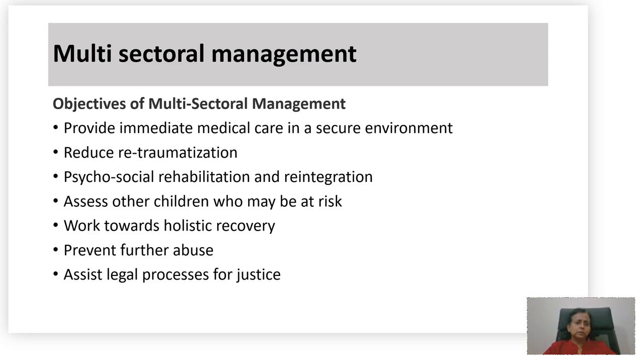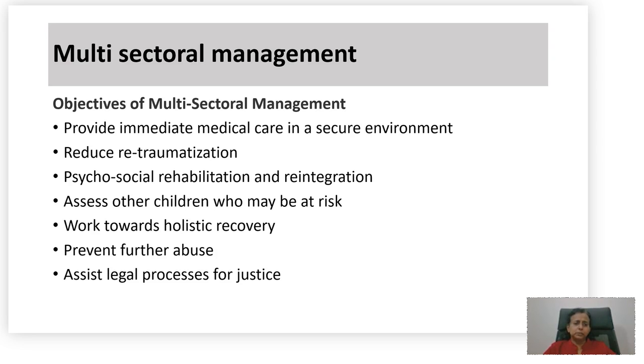The objectives of multisectoral management are to provide immediate medical care and secure the environment. If there is a fracture, you have to reduce it and plaster it and so on. Reduce re-traumatization or re-victimization.